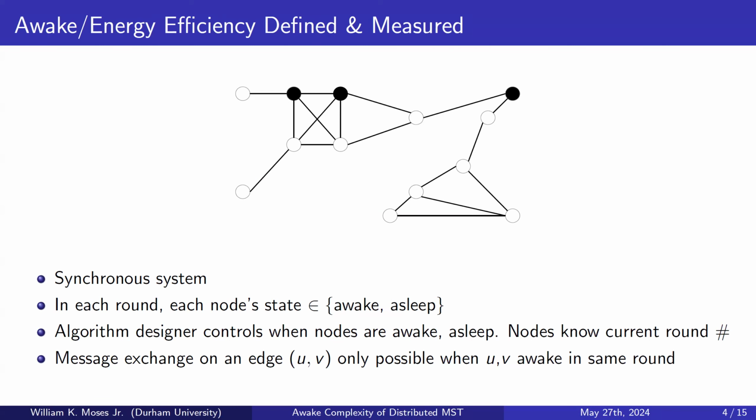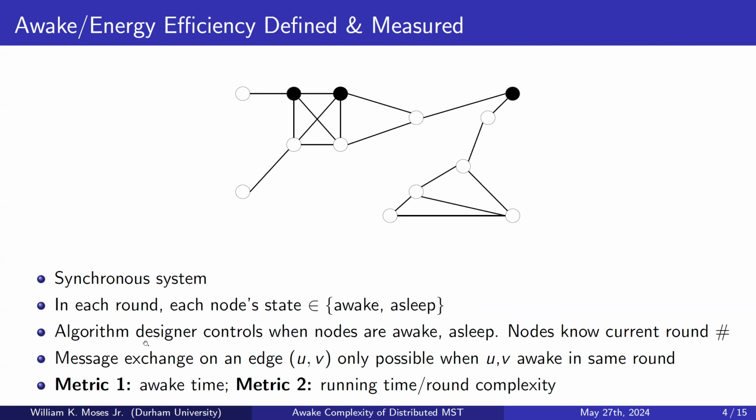Speaking of that, what are the actual metrics we're using to measure solutions? In other words, what is this awake efficiency? It is the number of rounds that any node is awake. No, let me be more specific here. Consider a given node, count the total number of rounds it's awake for, and take the maximum value across all nodes.